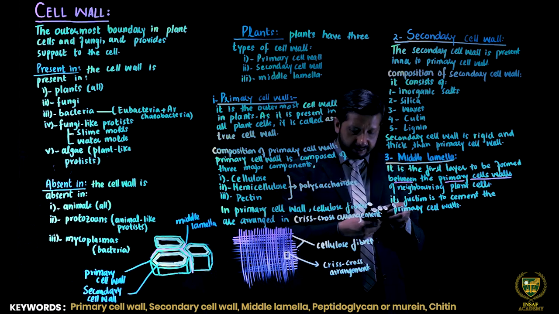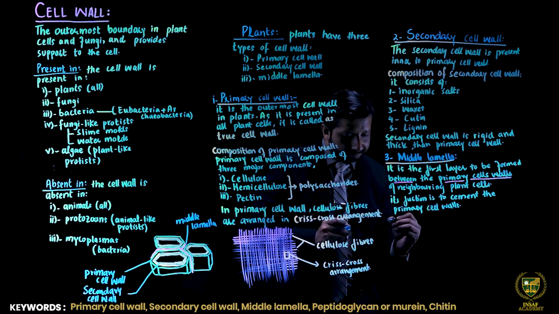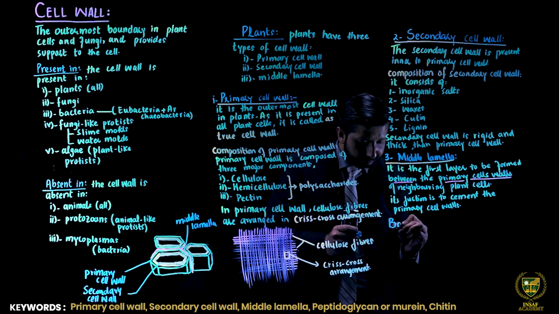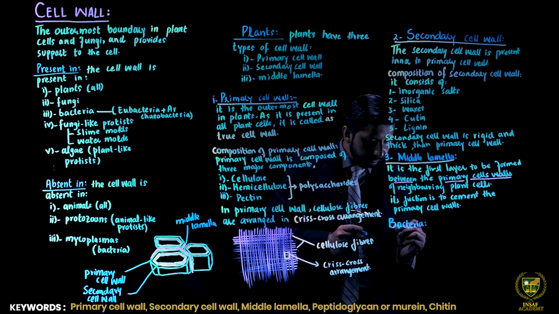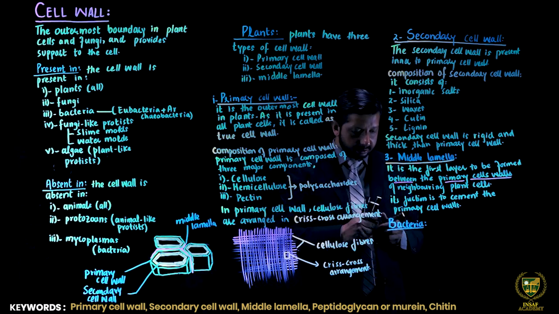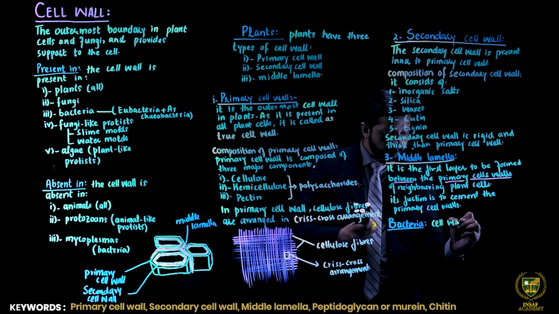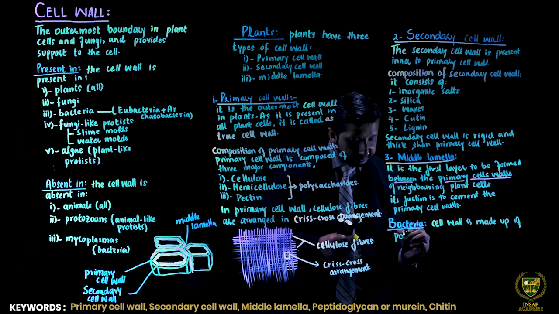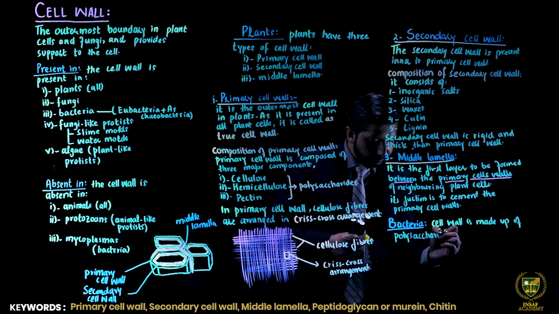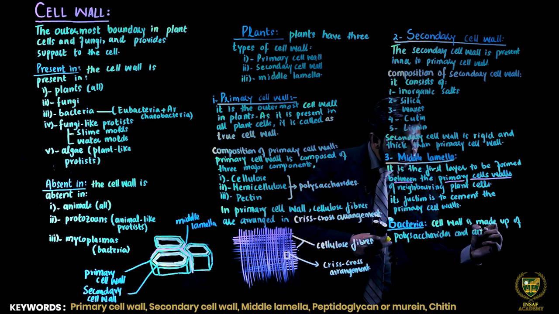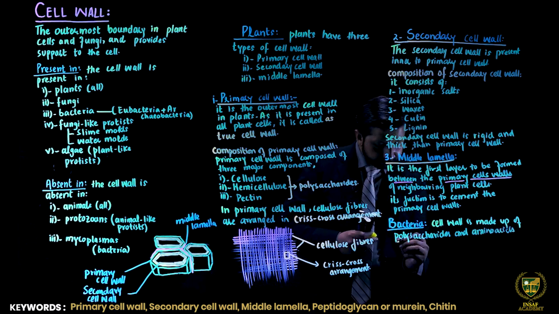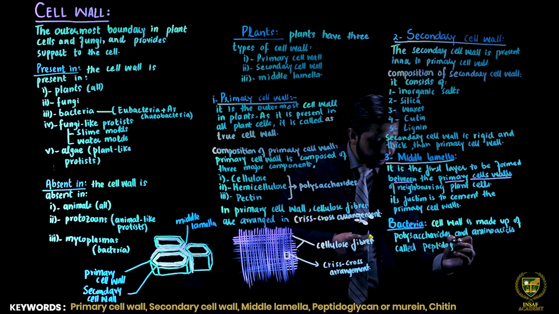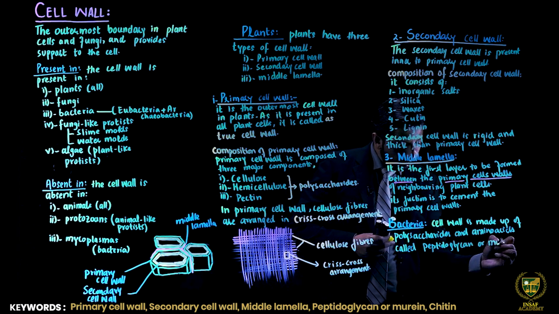Now are the bacteria or prokaryotes. In bacteria, the cell wall is made up of polysaccharides and amino acids called peptidoglycan or murine.